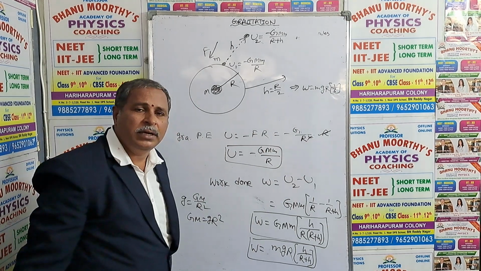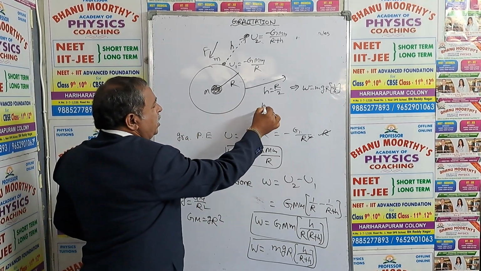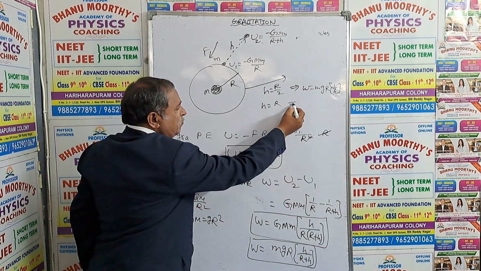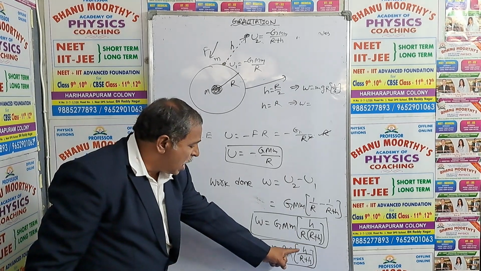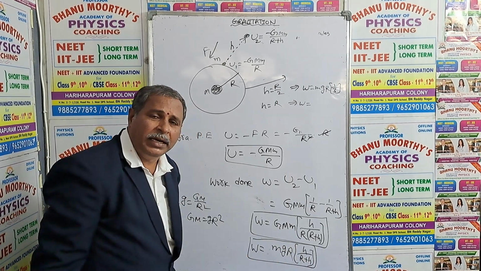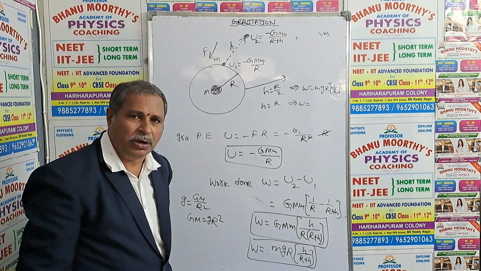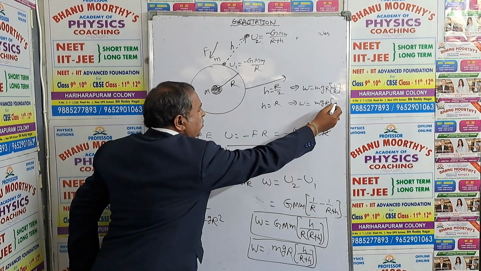So the answer is mgR by 3. Suppose a body is taken to a height R, then what is the work done? The same formula, mgR into R by R plus R, that is R by 2R. So instead of h you are putting R, that's all. Then it is 1 by 2, so mgR into 1 by 2.